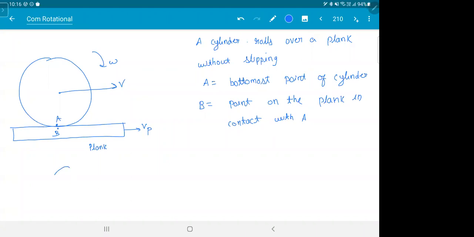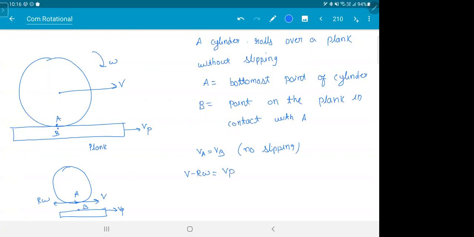If you look at the velocities here, this point has V forward, r omega backward, and this plank has Vp forward. So Va is Vb since there's no slipping. What is Va? V minus r omega.